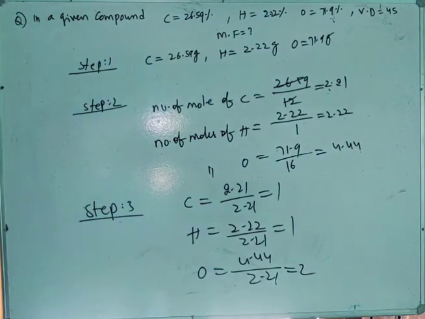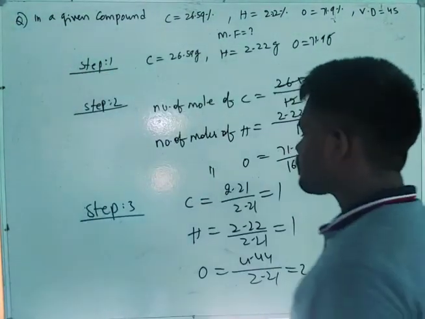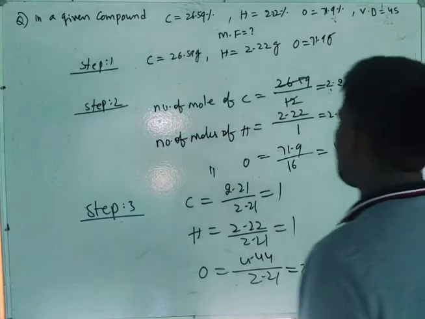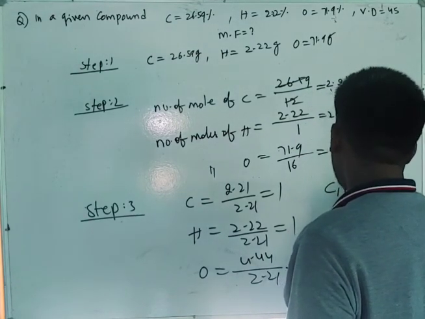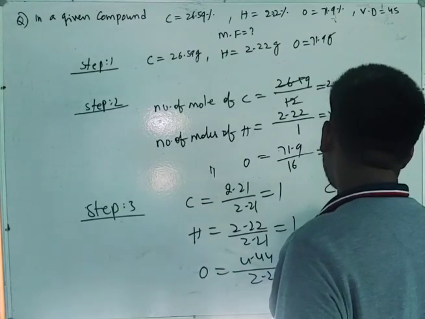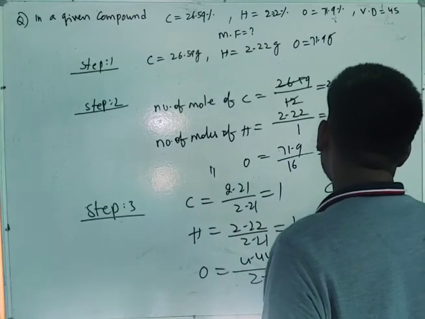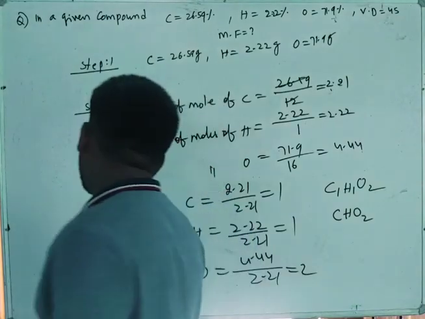So in this compound the empirical formula will be C1H1O2, which you can write as CHO2. This is the empirical formula.